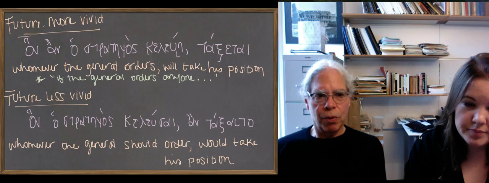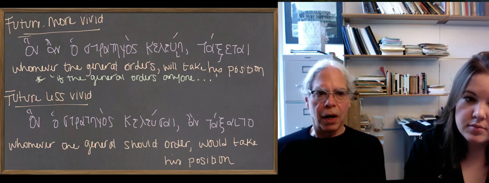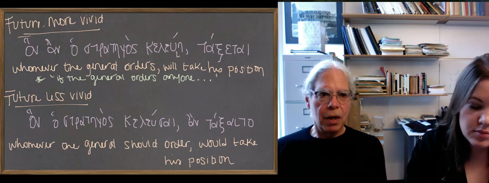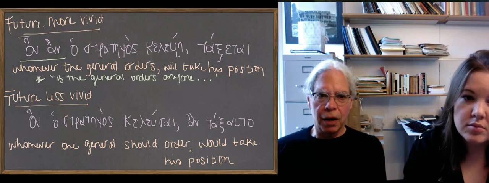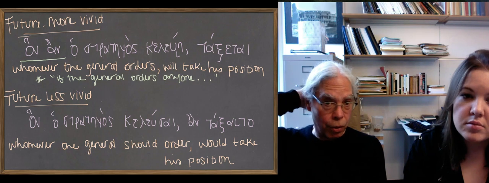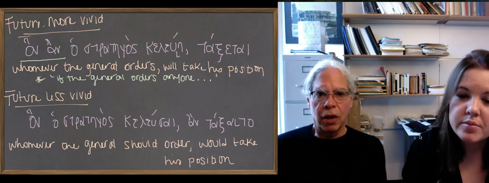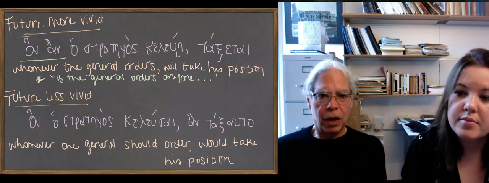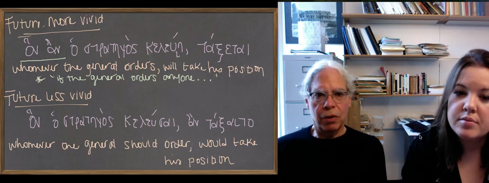We've got the future more vivid and the future less vivid ones. So here's our example. Hon an, that's the relative pronoun in the accusative singular masculine, with ho strategos, the word for general in the nominative, and keleue, the third person singular of the present subjunctive of the verb to order, keleuo. And then the conclusion of the condition is taxetai, the future middle of tatto, which means he or she will take their position, his or her position.